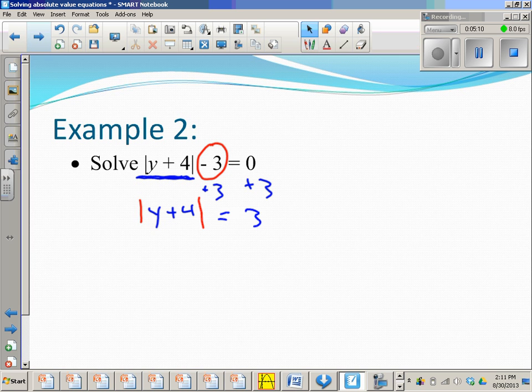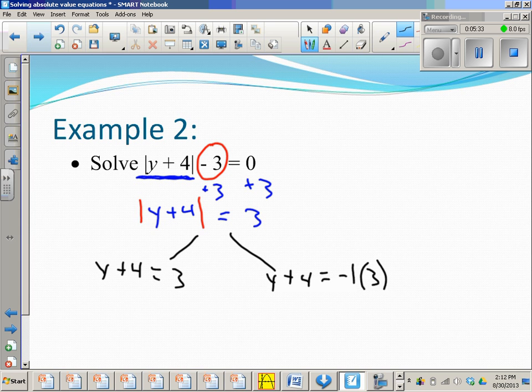Isolated. So the next step would be make your two cases. Remember case 1, all we do is drop the absolute value bars and rewrite. Case 2, drop the bars, multiply the other side by -1. Now we need to solve.